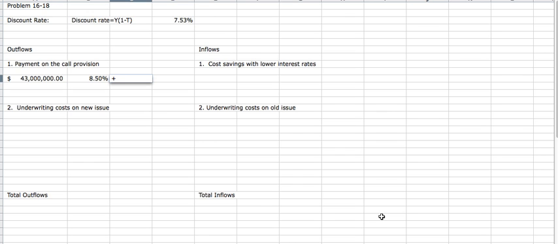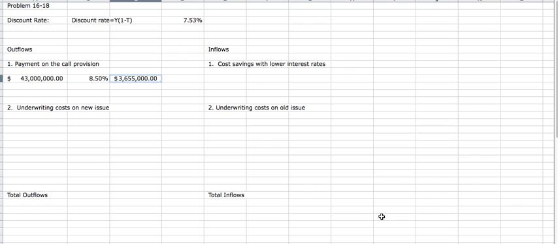So we multiply those two, and we have a call premium of $3,655,000. Now, that's before taxes.